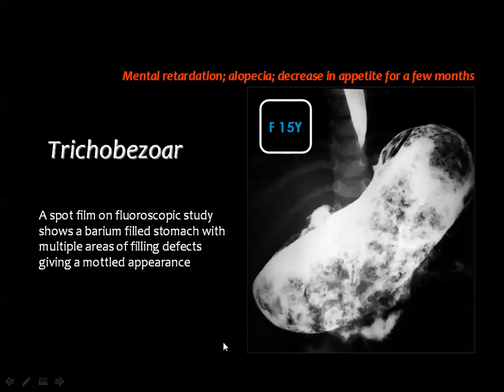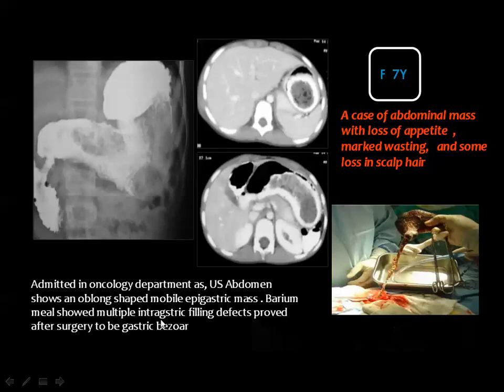This is a mentally retarded female child with alopecia and decreased appetite for a few months. The barium swallow showed that the stomach is full with a big mass, where barium goes between the interstices of the mass itself. This mass, of course, is made of the patient's hair, and the hair is indigestible, as you can see here.